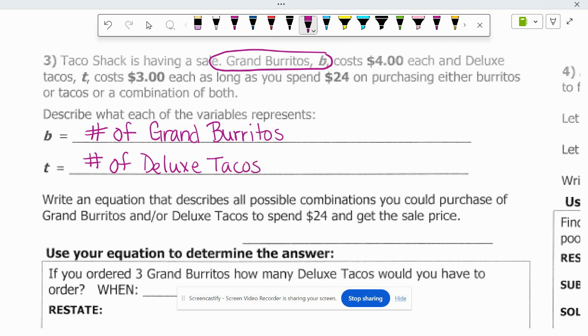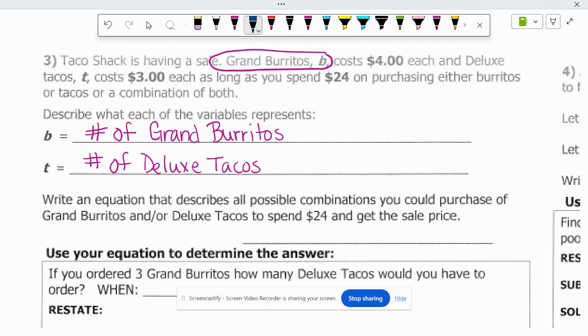Okay. So do you see that this is a type of equation that has two variables? Number of tacos, number of burritos. We don't have any information about the amount, just that we know that we need them, right? So we know how much each one costs, and we know the total that we need to spend. What's that equation going to look like, Coral?